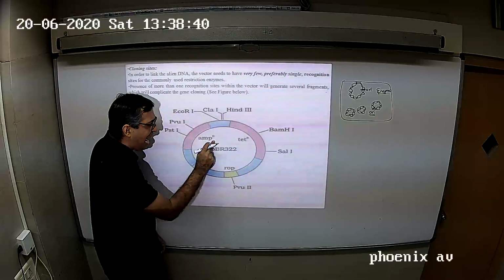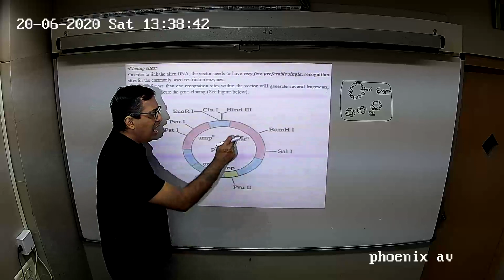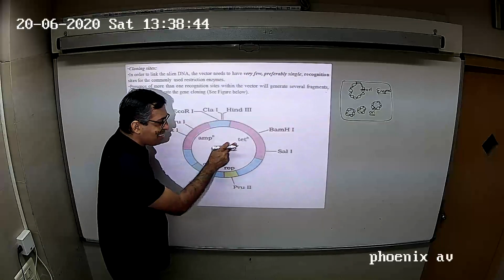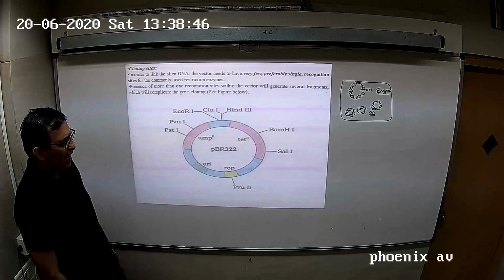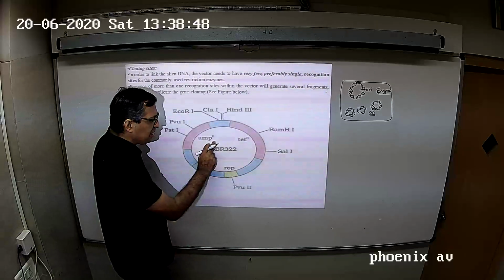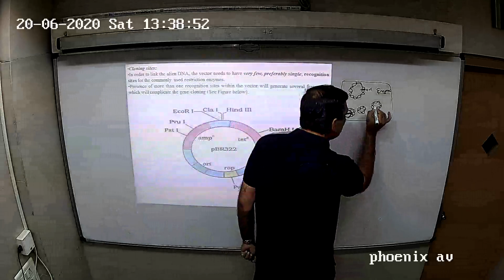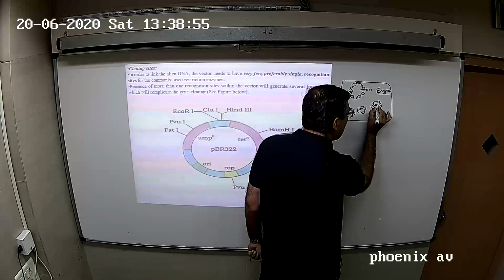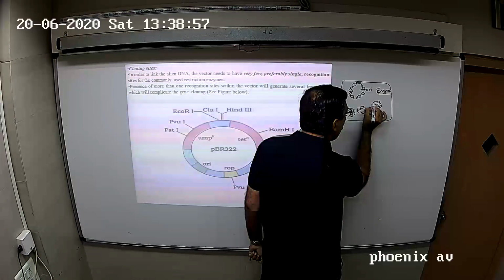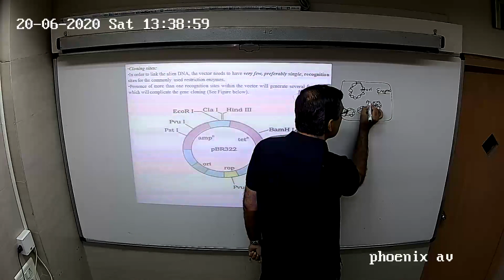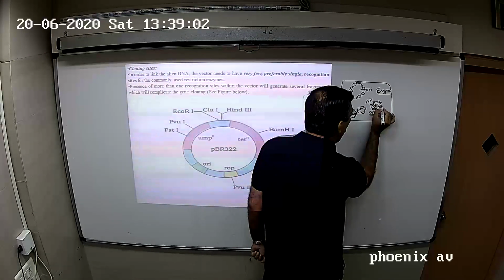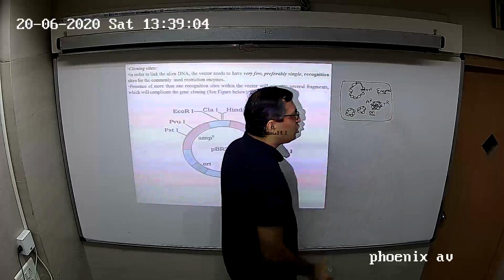For example, suppose you have PBR 322. Inside it you have one gene which is called ampicillin resistance gene, and another gene which is called tetracycline resistance gene. So sir, suppose this is PBR 322 and it has got ampicillin resistance gene and tetracycline resistance gene.